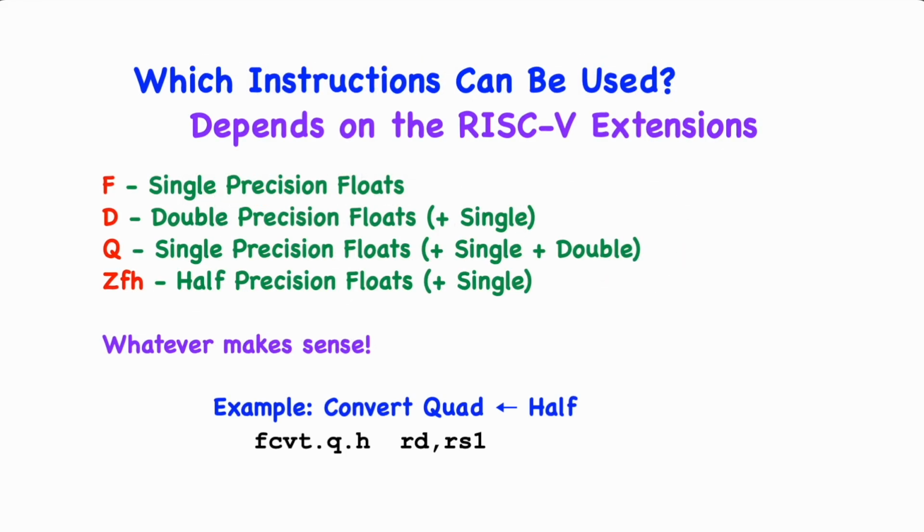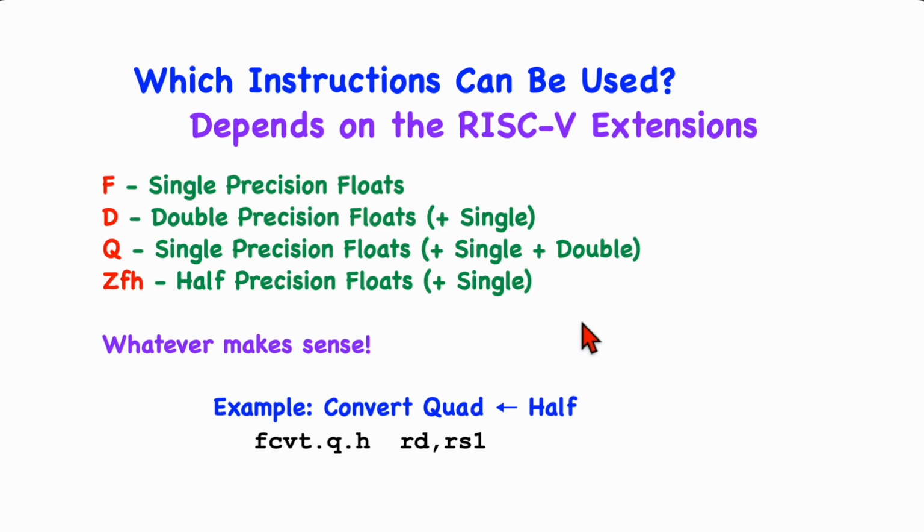In this video, I'll be describing all of the floating point instructions without much regard for which instructions are actually implemented on your RISC-V core. And that's going to depend on which optional extensions your core actually implements. With the RISC-V notation, optional extensions are usually indicated with a single letter like F, D, or Q. But for some of the options, they have longer names, and those names begin with a capital Z. For example, floating point half precision is indicated with this particular code.